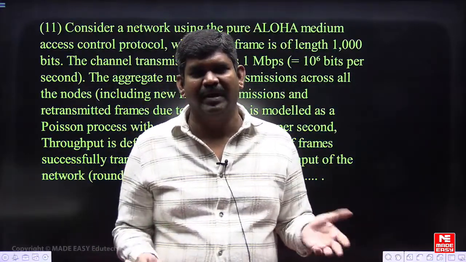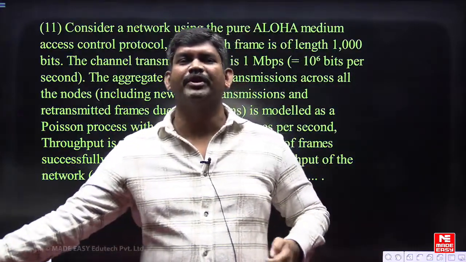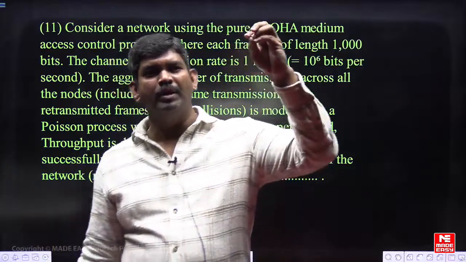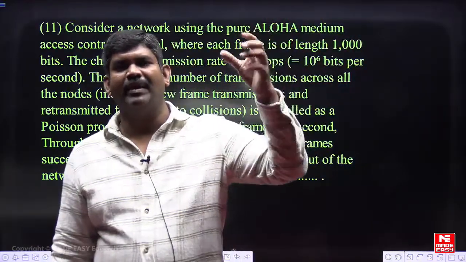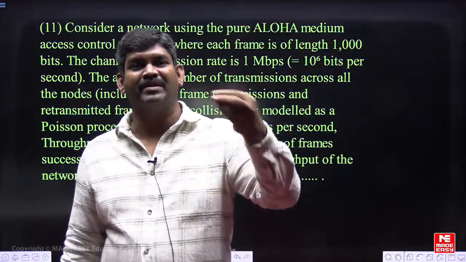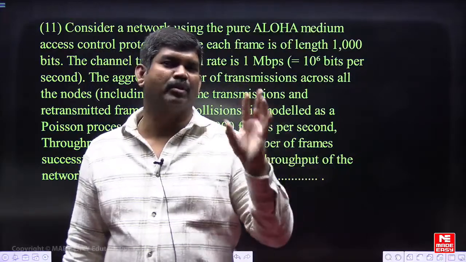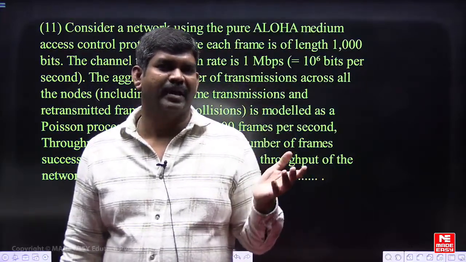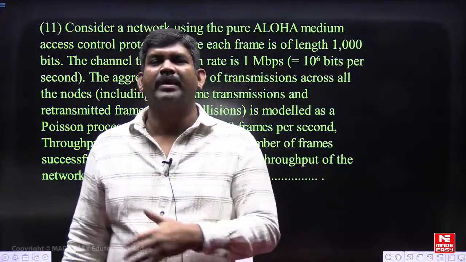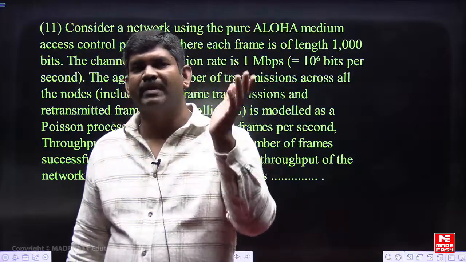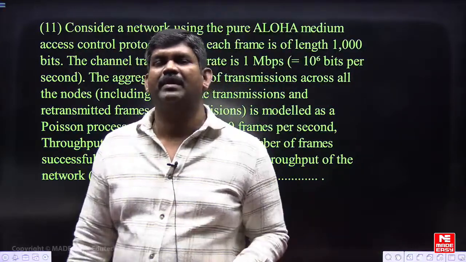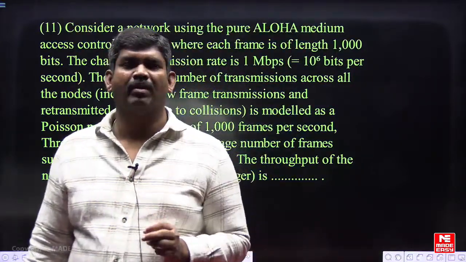Suppose I am a ground station transmitting data only to a satellite. Whatever frames the satellite receives successfully become the throughput. In some other case, the throughput from sender to receiver, and the acknowledgement getting back to the sender, is also considered.